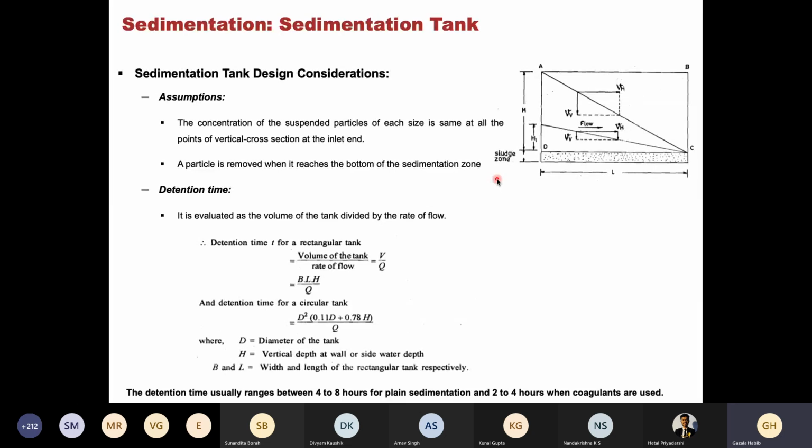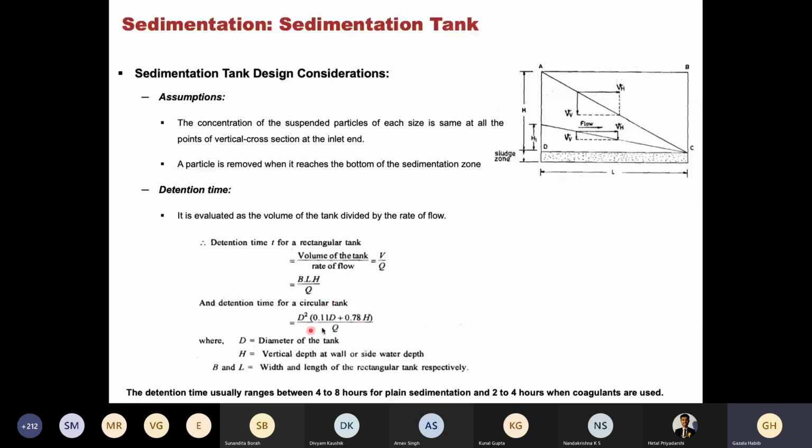Therefore, the detention time can be given by volume divided by the flow rate. For a rectangular tank, the volume is B into L into H, so the detention time is B L H upon Q. For a circular tank, this is the formula for detention time, where D is the diameter of the tank and H is the vertical depth.